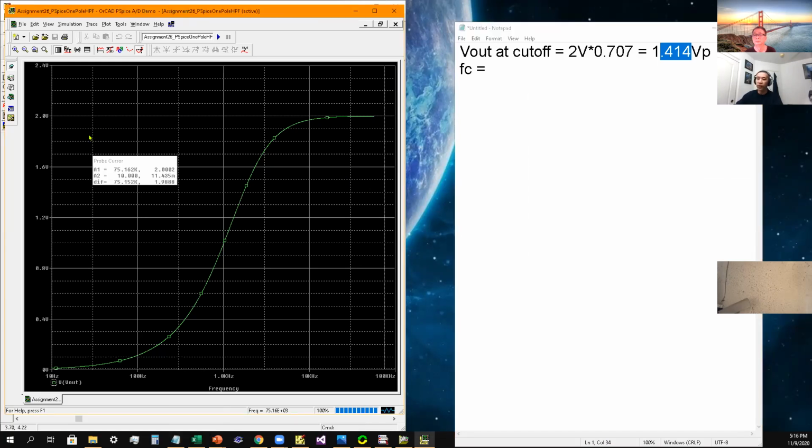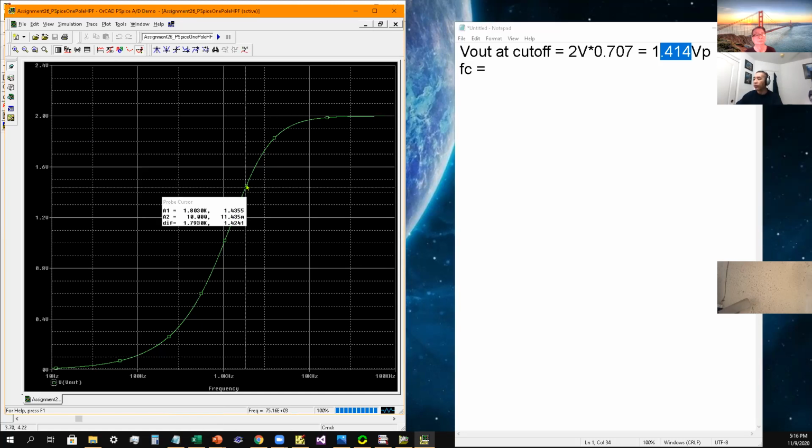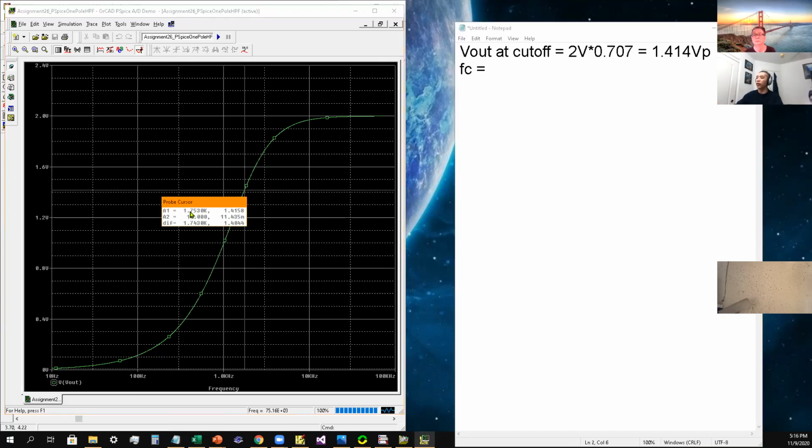So we come back to this here and look at the cursor. 1.4 right there is pretty close. Keep going down a little bit, 1.414 right there. That's the closest. So the frequency is telling you 1.753 kilohertz. 1.753 kilohertz.